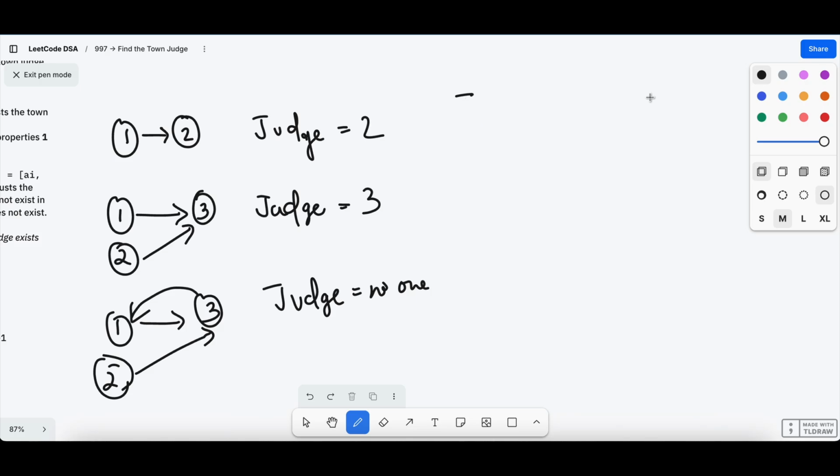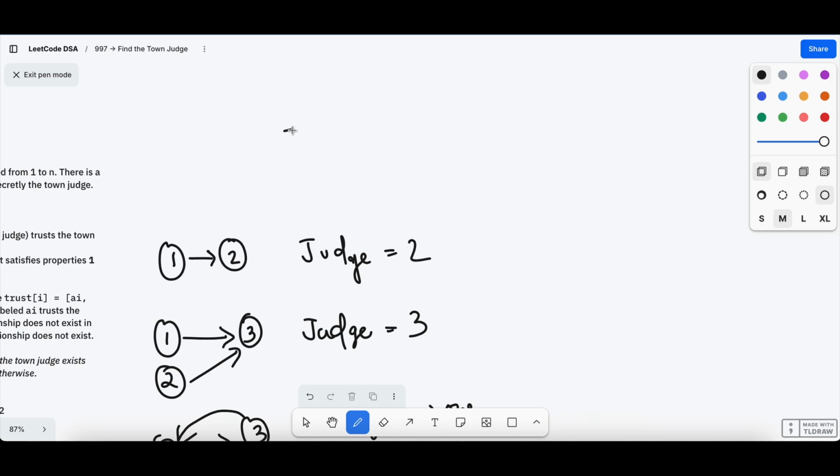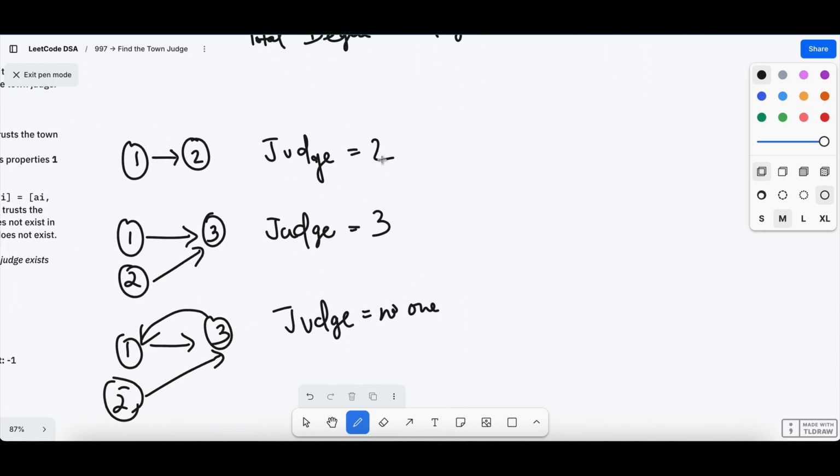Here the total degree of 1 equals -1. Why?